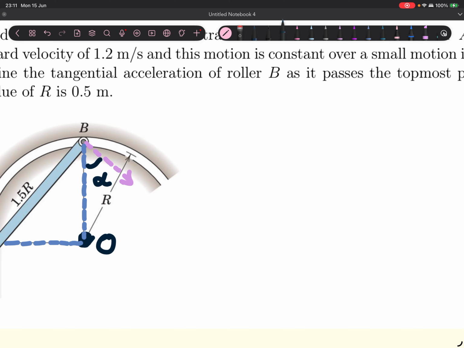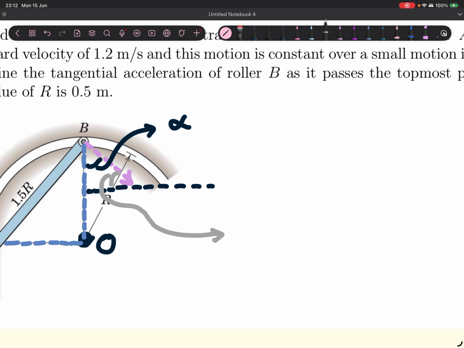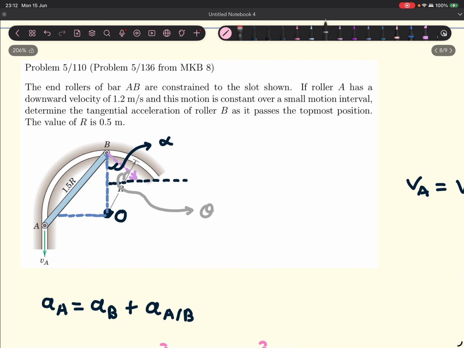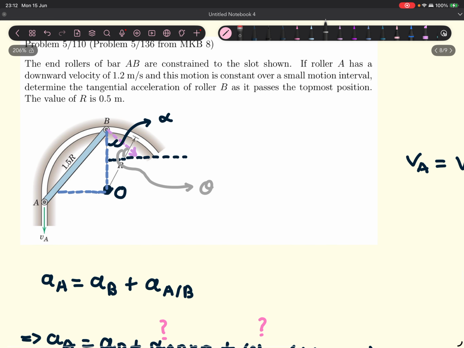So I'm going to label those two angles and see which one is easier to solve for. So this one is alpha, and then I'm going to draw in a horizontal line. So this is alpha, and this is theta, right? Cool.